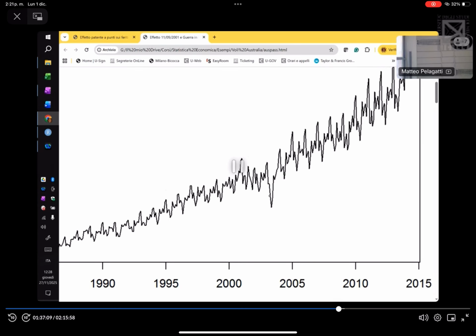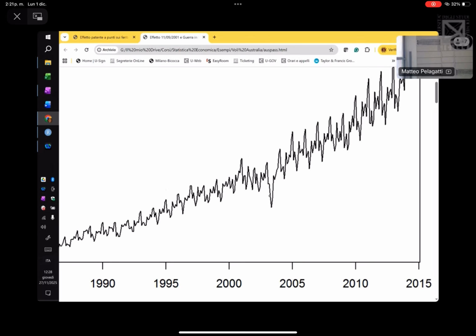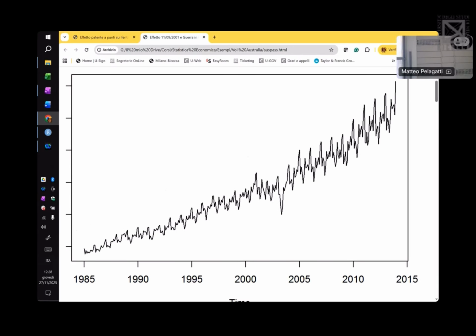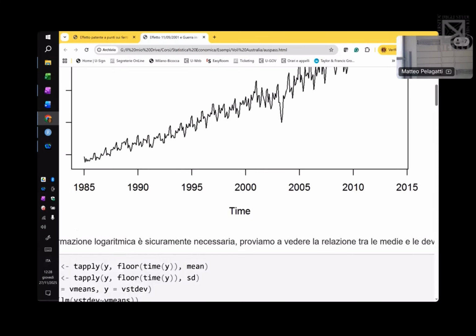And again, of course, the impact is temporary. I didn't put here a permanent effect component. So I just used two temporary components to measure how long and how strong the impact of those two events had on the flights.